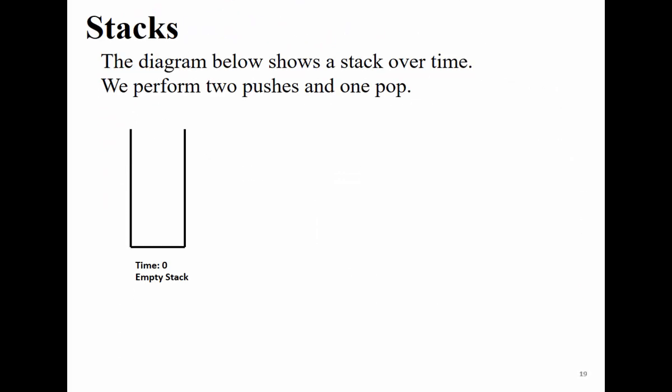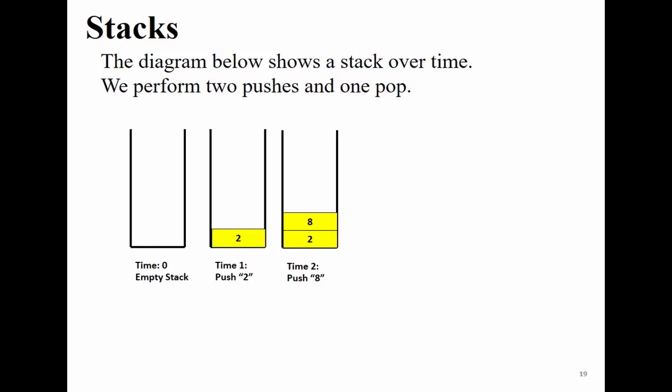Just to visualize the behavior of the stack, this is an empty stack at time t equal to 0. You push 2 to the stack. You just insert one item with the value 2. Then you push 8. You insert another item. You see, when you push, you push on the top of the stack, not the bottom of the stack. So push 2, then push 8. 8 will be on top of 2.